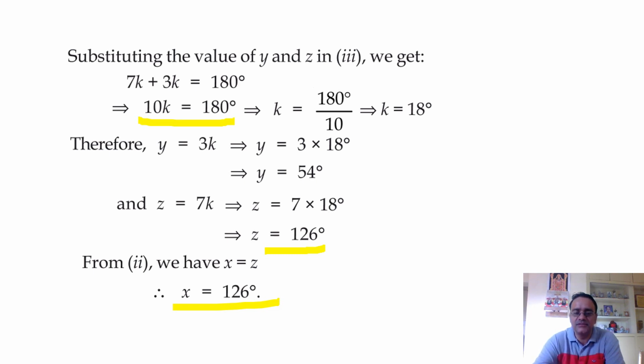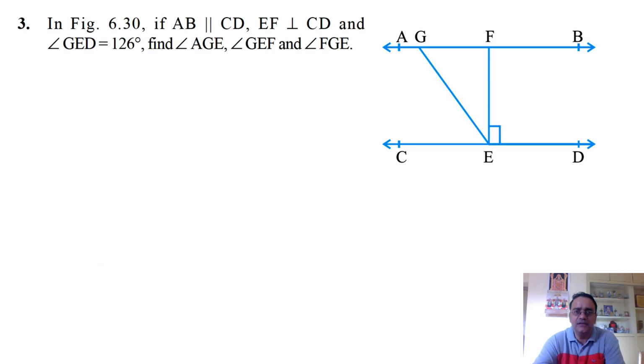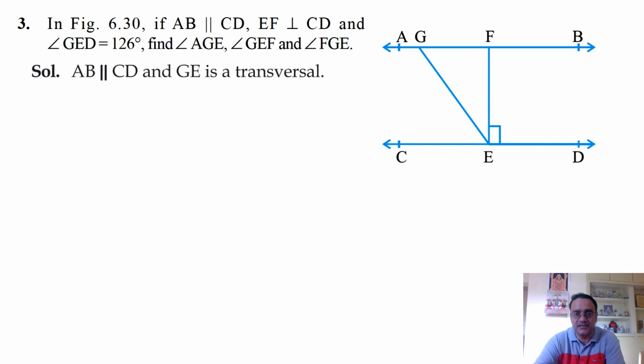Now let us move towards the third question. In figure 6.30, if AB is parallel to CD, EF is perpendicular to CD, and angle GED is equal to 126 degree. Find angle AGE, angle GEF, and angle FGE. Okay, so we'll start with AB is parallel to CD and GE is a transversal line.